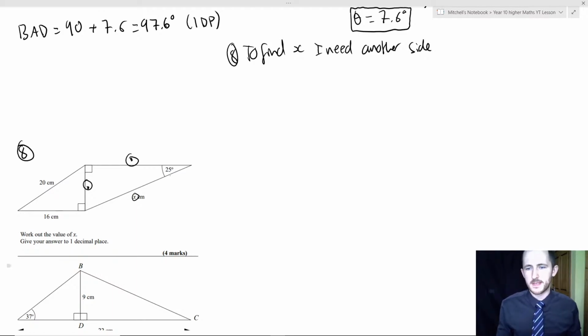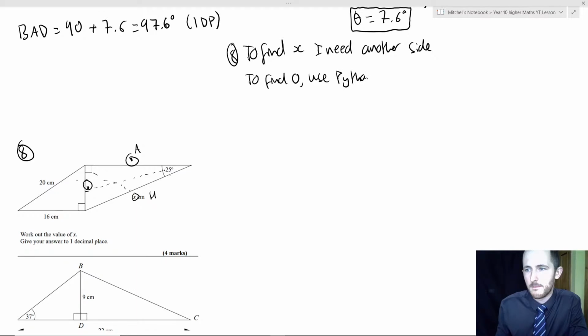Well, I have two sides of a right angle triangle, and I want to work out the third. So let's actually label it up first, right? This side is my opposite side, so it's already an O, funnily enough. Opposite the right angle is my hypotenuse, and this is the adjacent. So to find O, use Pythagoras.